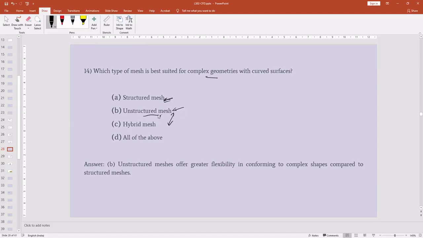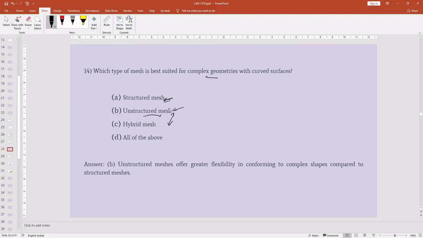So unstructured mesh can be used for any complex geometries because we will have large flexibility. But that flexibility comes with a computational cost. When we have to fit an unstructured mesh to a complex domain, we will need robust algorithms for the meshing process.